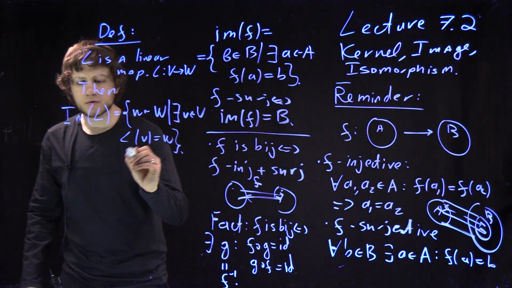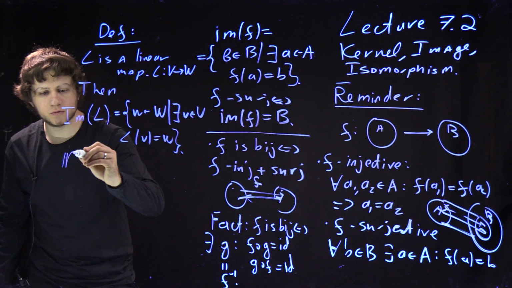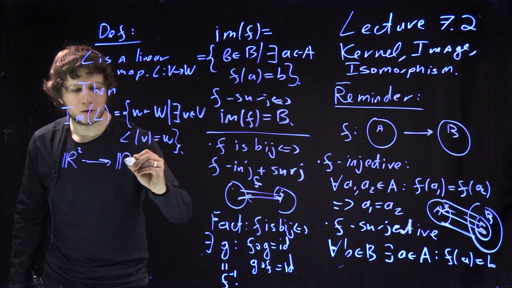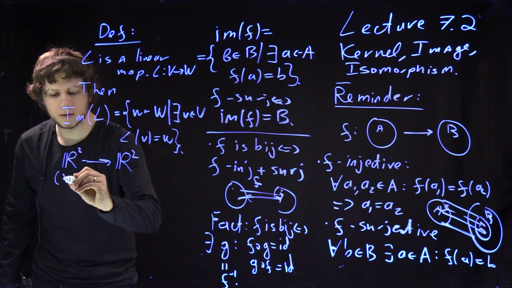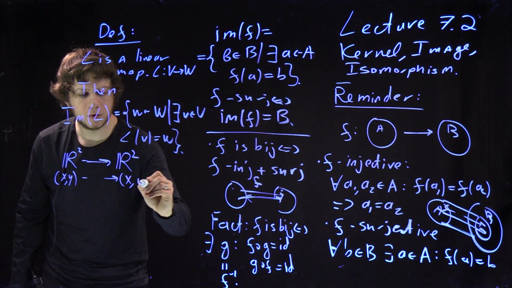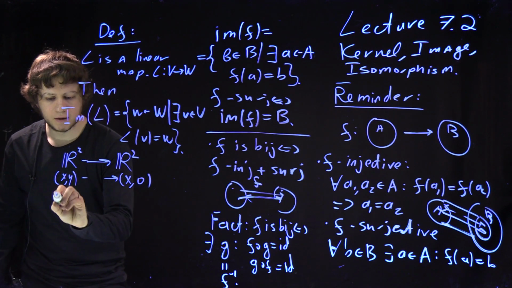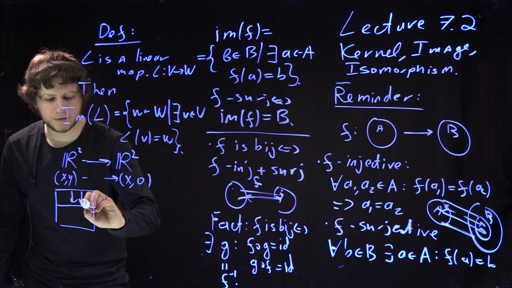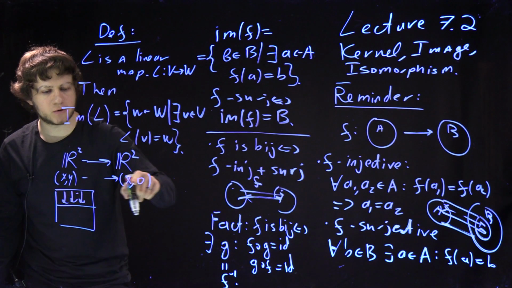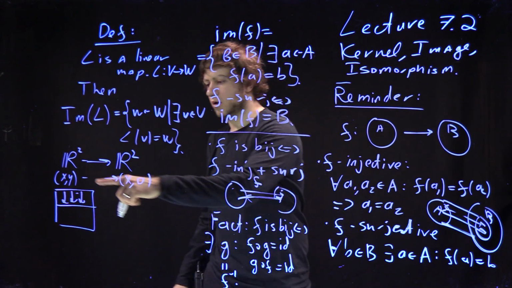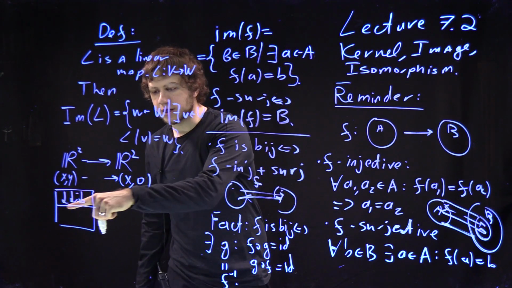Here is an example. For instance, take a map from R2 to R2, sending (x, y) to (x, 0). This takes the plane and drops every point: whatever the y coordinate is, we forget it and move the point downwards towards the x line.